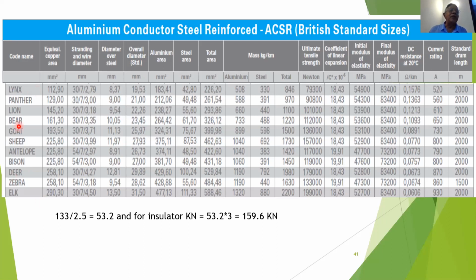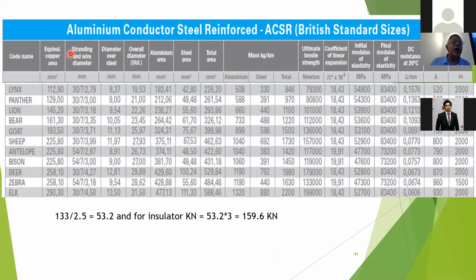And equivalent copper area, millimeter square. Here, equivalent copper area, stranding and wire diameter, diameter over steel, overall diameter, aluminium area.